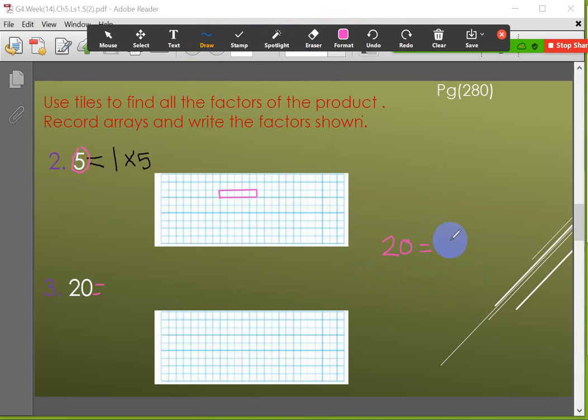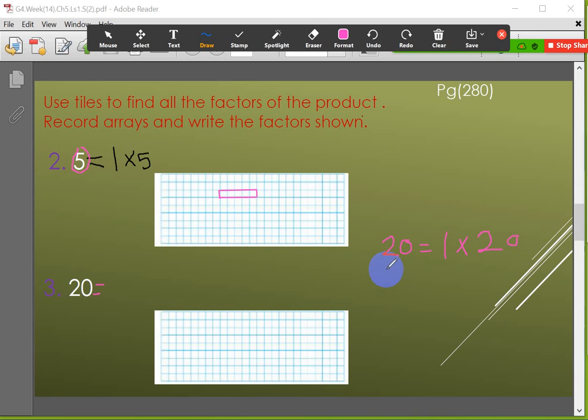Very good, Kinda. Kinda, give me the full answer, actually. First thing I told you, any number multiplied by 1 equals the same number. That means for 20, if I want to find it by multiplication of two numbers, I have 1 multiplied by 20.